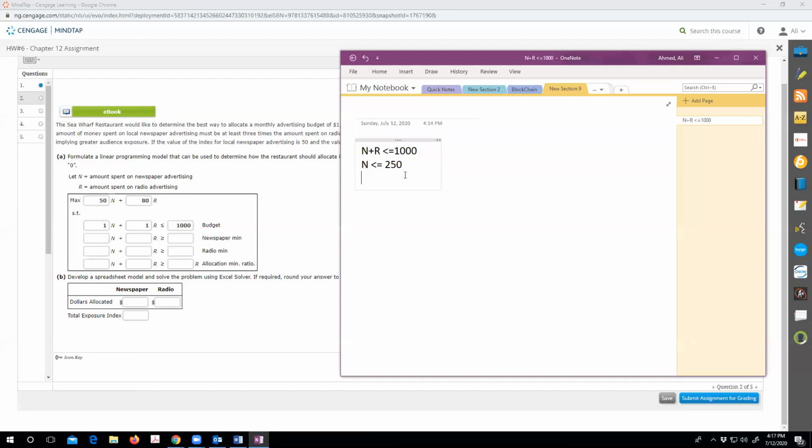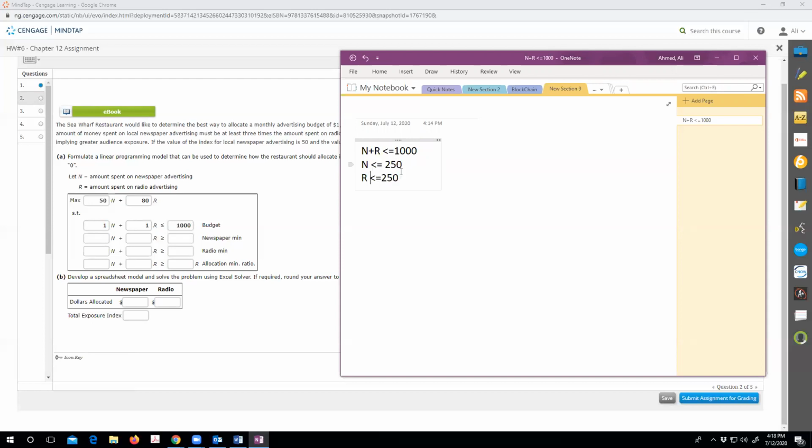Like each, N and R is less than or equal to 250, because management is saying at least you have to put 25% of your budget, which is $1,000, in N, and I also have to put 25% in N, so the N value cannot go below 250. Are you clear on these two constraints?